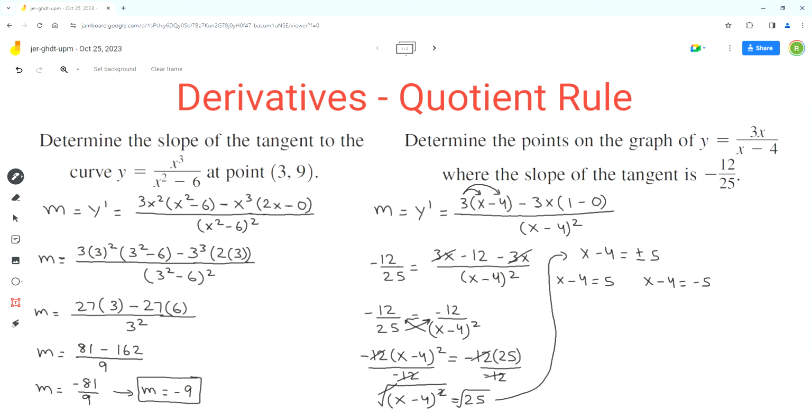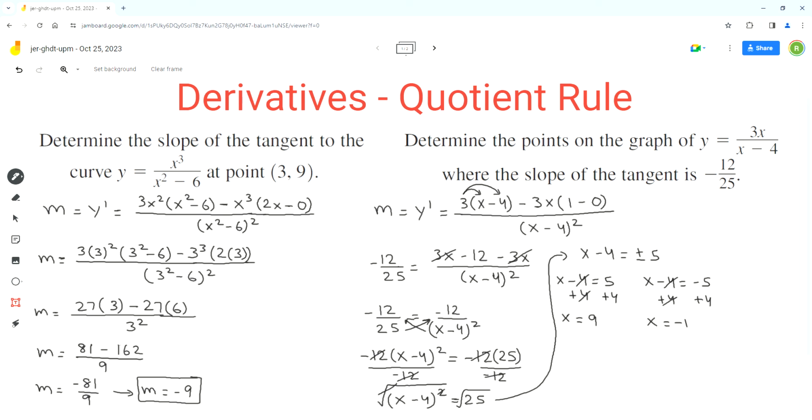For the first case, we add 4 to both sides. So the 4's on the left side cancel each other out, and we get x equals 9. For the other case, we again add 4 to both sides. So the 4's on the left side cancel each other out, and we get x equals negative 1.